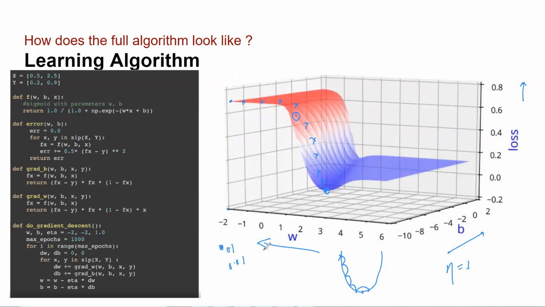So typically, in real world applications, how long does this algorithm run? It depends upon the complexity of the problem. For example, here we have just taken one value of x.